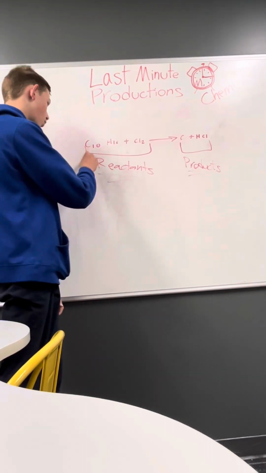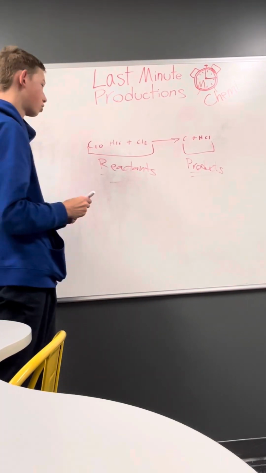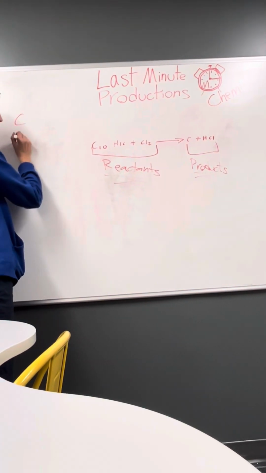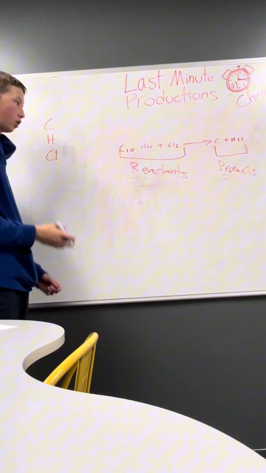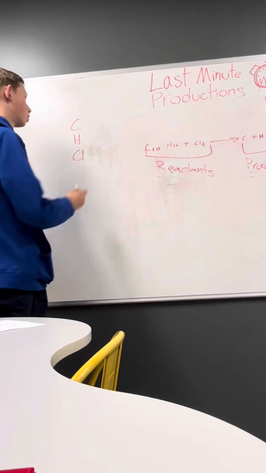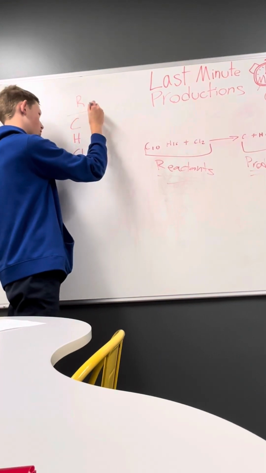First thing you need to do is take note of each element on each side. So we have a carbon, a hydrogen, and a chlorine on the reactant side. I'm going to put an R up here for reactants.